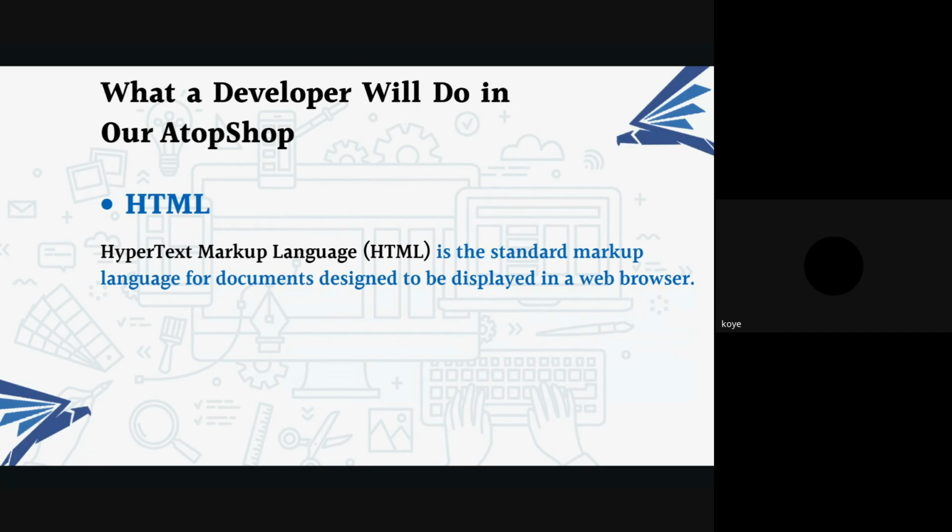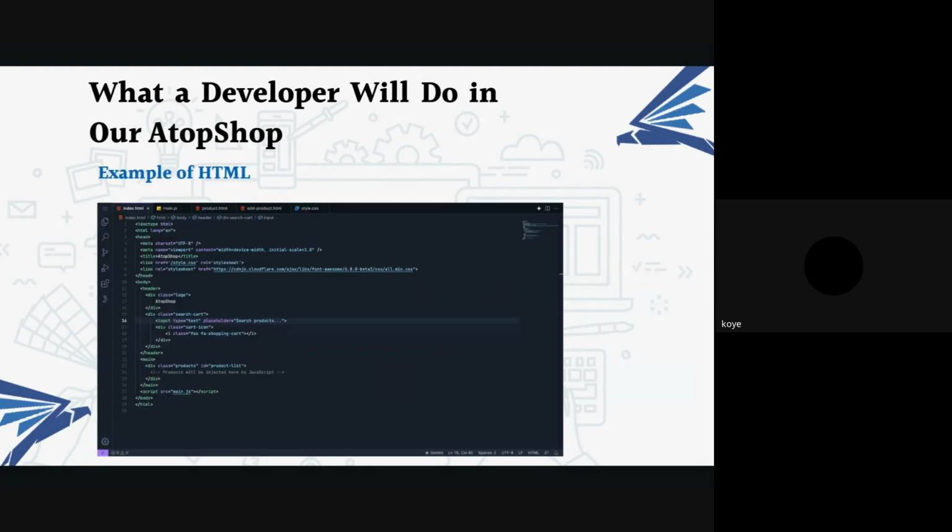So let me show you an example of what an HTML document looks like. Here we can see our HTML documents. Instead of going deeper into it, I'll just give you a high level explanation so you get an understanding of how HTML works. We have the head. In the head, we can link.